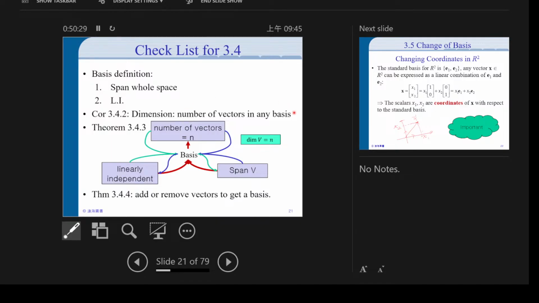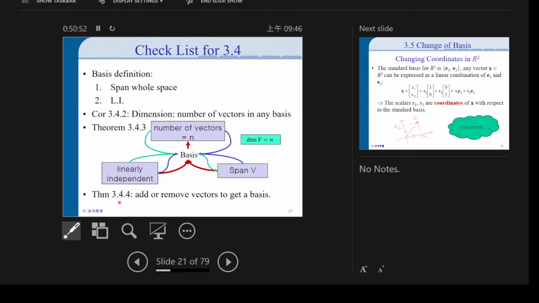That's the number of vectors in any basis for your vector space. And we have this very nice theorem 3.4.3 that says any two of those three conditions will give you a basis for your n-dimensional space: whether you have n vectors inside, or you are linearly independent, or you span the whole space.